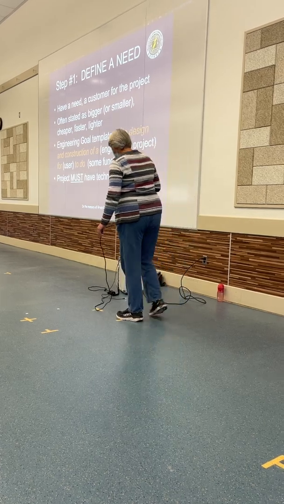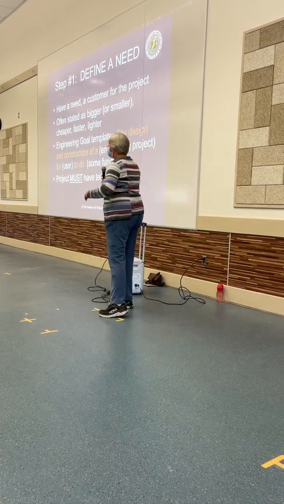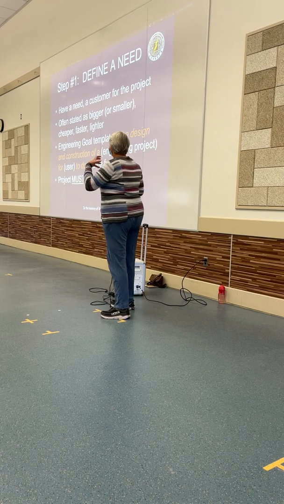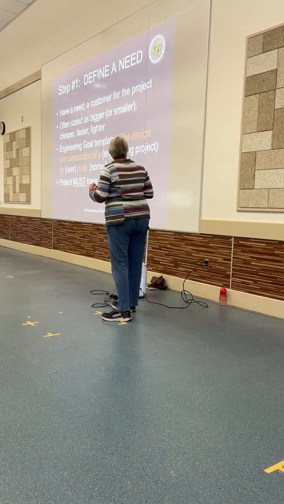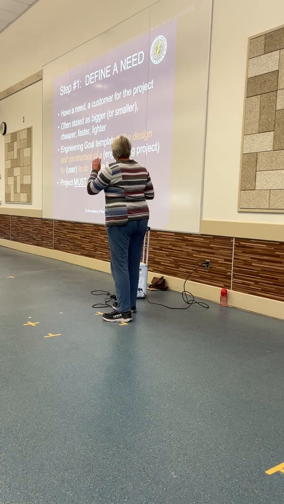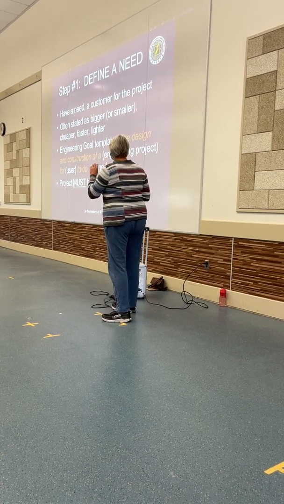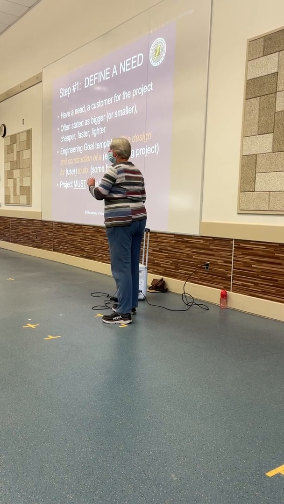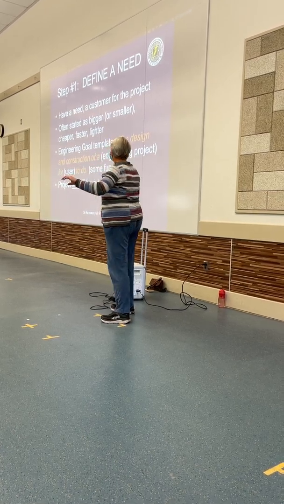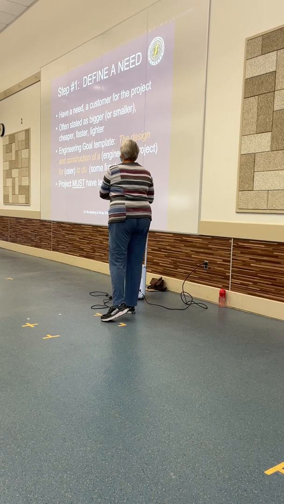And so in a lot of cases, when you get to an engineering goal statement, you're talking about the design and construction of some engineering concept for some stated end user to do some function.